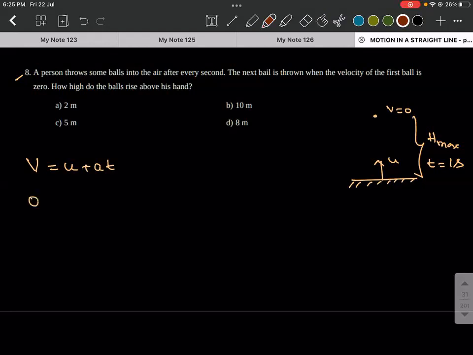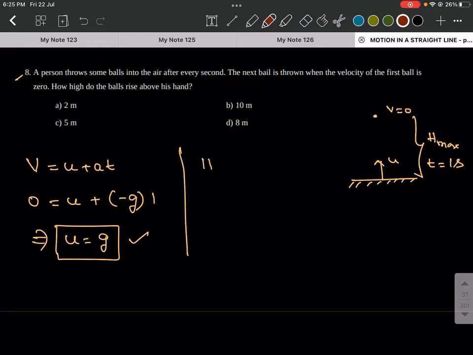What is the velocity at the highest point? Zero is equal to u plus acceleration due to gravity, which is minus g, and the time taken is 1 second. So from this, I can conclude that u is equal to g. Means if the object is thrown with an initial velocity equal to the acceleration due to gravity, it will take 1 second to reach the maximum height. Okay.